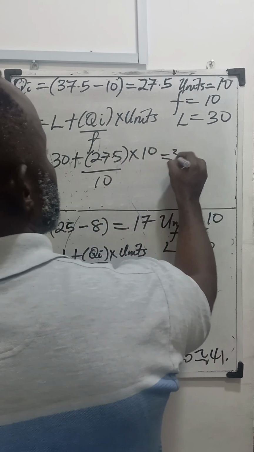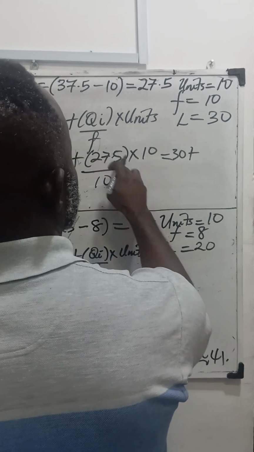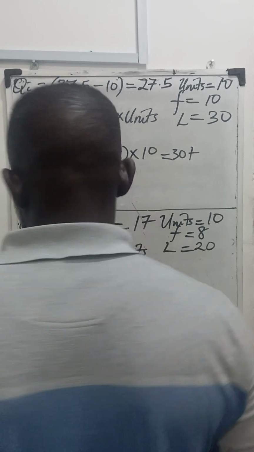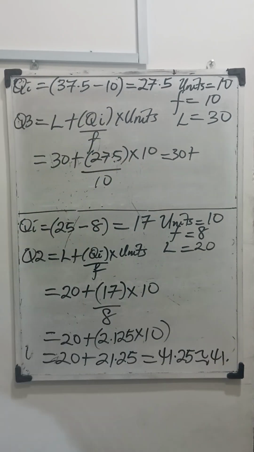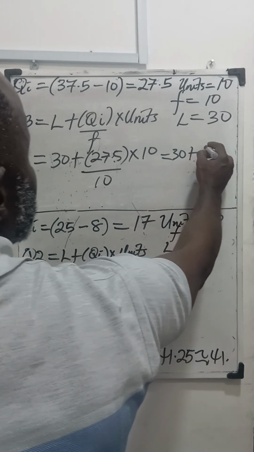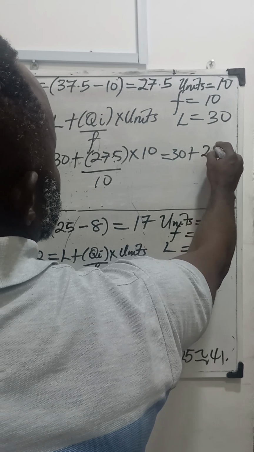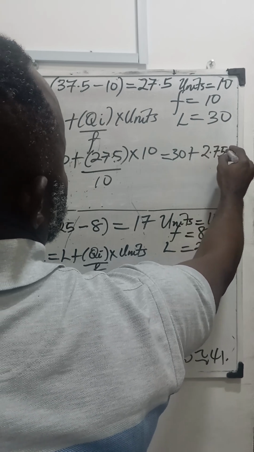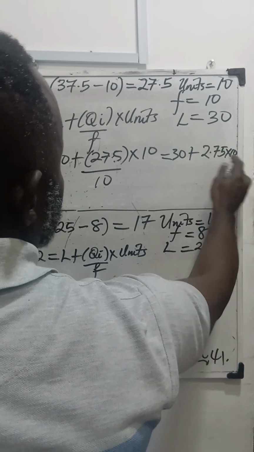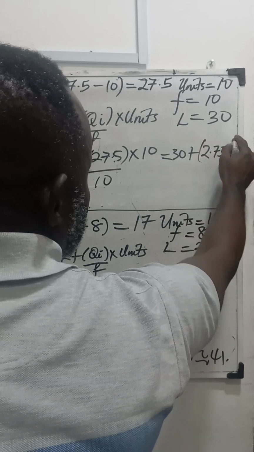We have 30 plus this, and this divided by this. If you divide 27.5 by 10, you get 2.75, times 10. You multiply it again by 10.